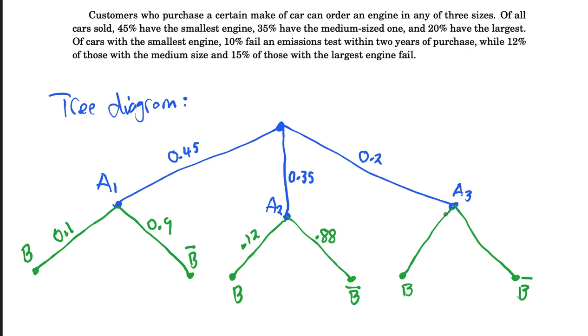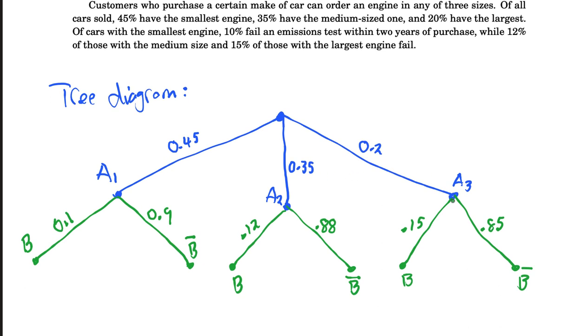And finally, large engines have a failure rate of 0.15 and therefore a not failure rate of 0.85. All right. So right away, do you see how much information this tree holds? I mean, we didn't need the not failure rates, but it's all captured there.